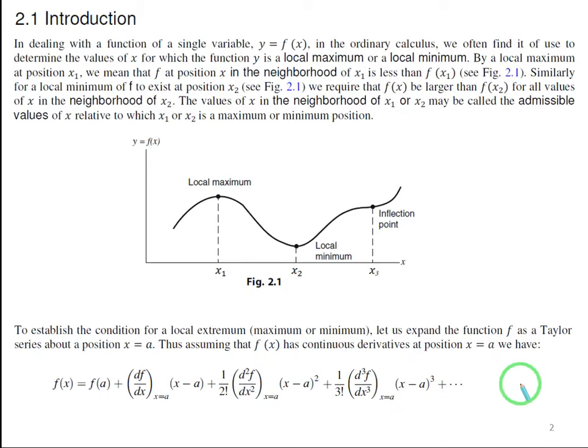In this slide, I'm going to speak about local minimum and local maximum of a function. You may be familiar with this concept from your previous courses, but as a review, I define local maximum and local minimum of a function and the requirement for the function to be a local extremum at a specific point.